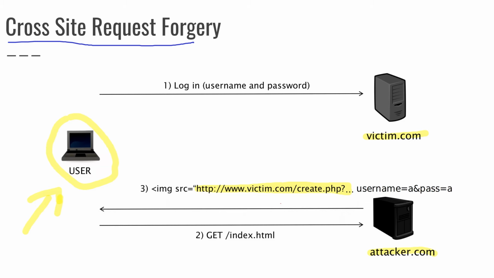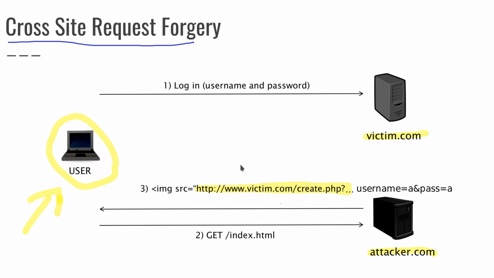So what happens now is that the browser of the user issues an HTTP request to this URL, which is what it's supposed to be doing because the website tells him that that's an image. But the browser has a cookie for this website that identifies the user as admin with the session ID inside.